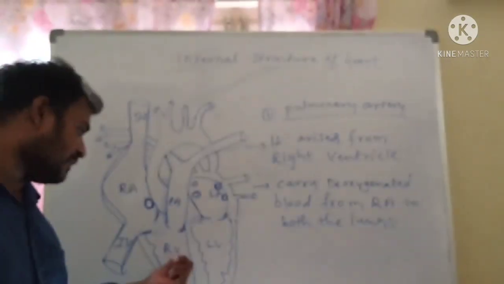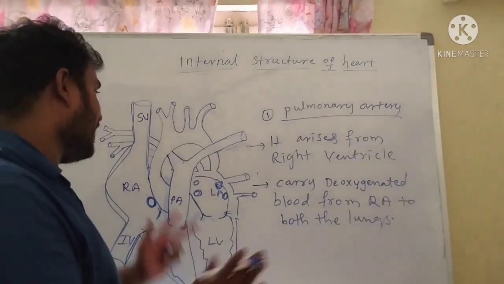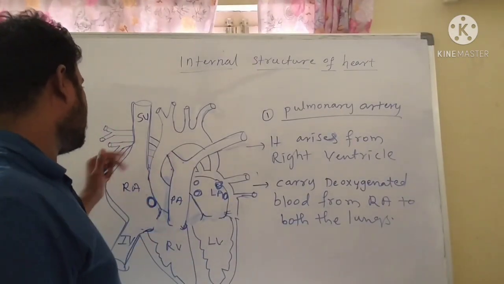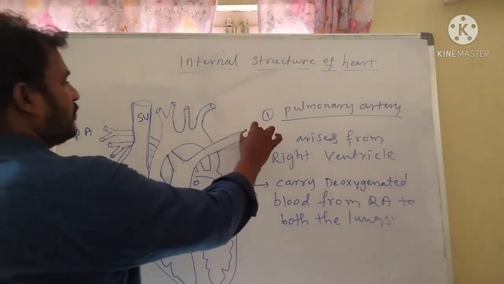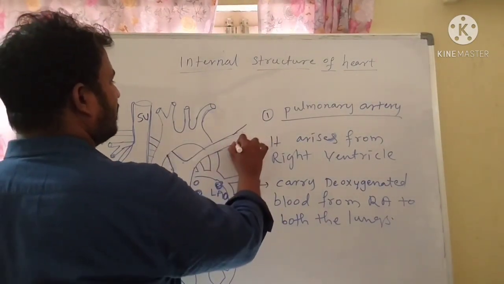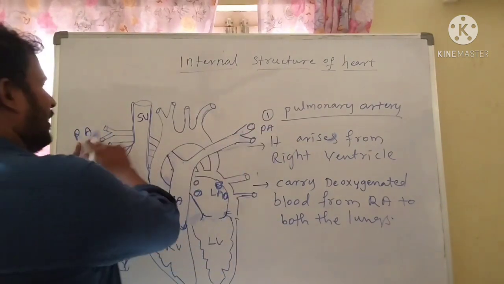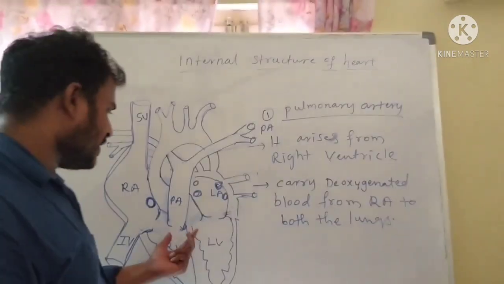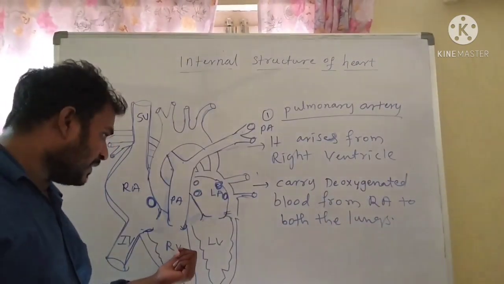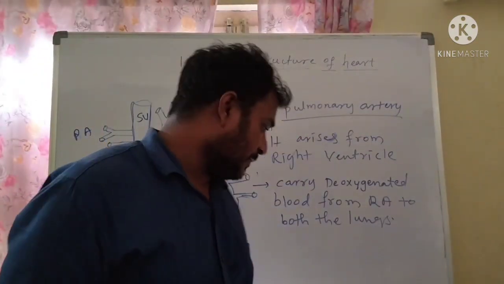The pulmonary artery arises from the right ventricle and comes out of the heart. It divides into 2 branches. This is one pulmonary artery, and this is another pulmonary artery. It divides into 2 branches and supplies the deoxygenated blood from the right ventricle to both the lungs. That is the function of the pulmonary artery.